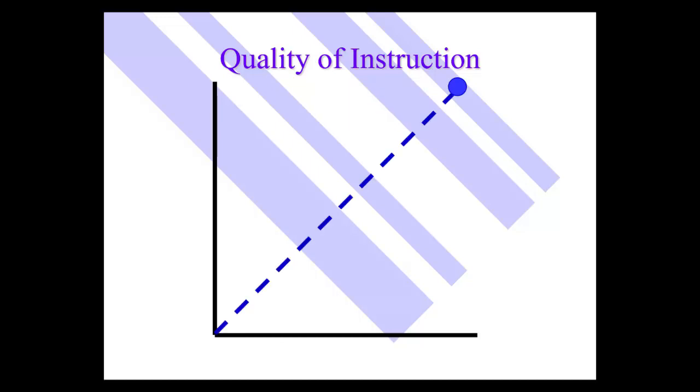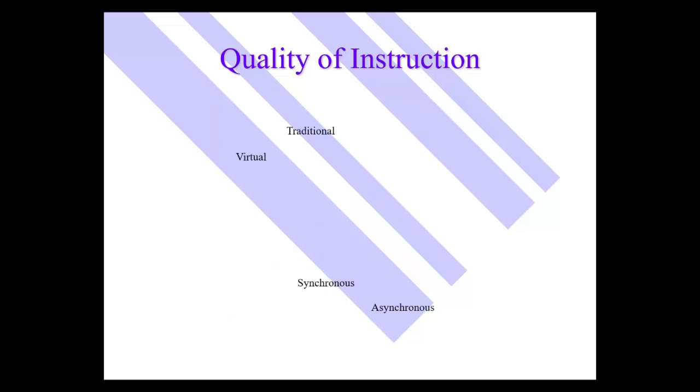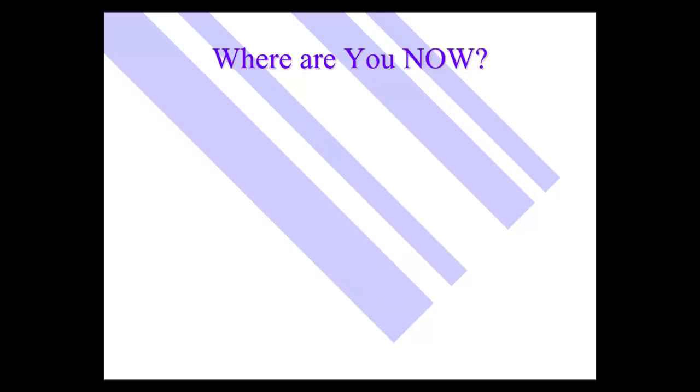So again, don't assume that there has to be this correlation between the method of instruction and the quality of instruction. In fact, we can make our classes better with the right mix of traditional and virtual and the right mix of synchronous and asynchronous.